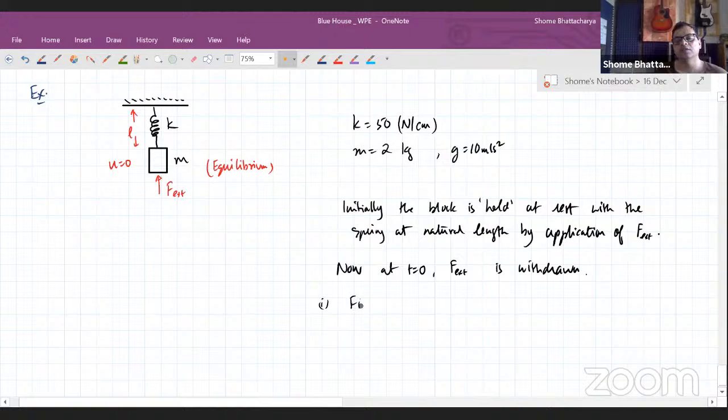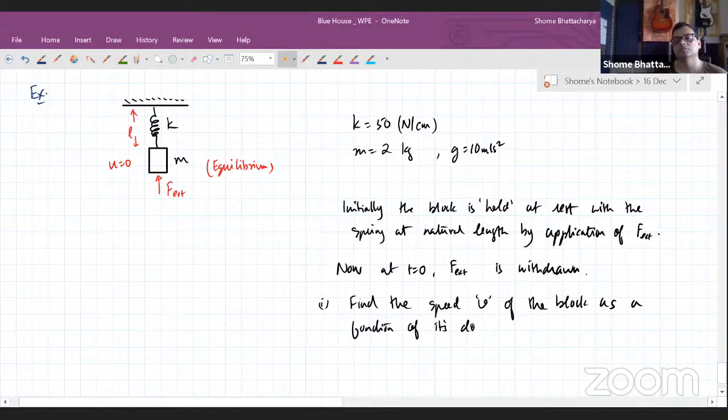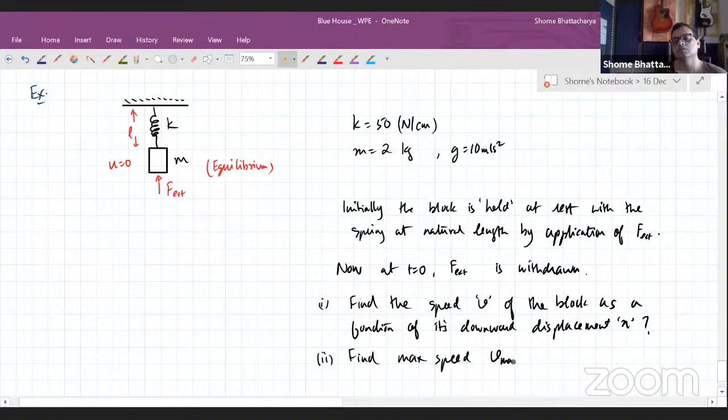So first of all, find the speed v of the block as a function of its displacement X. Secondly, find the maximum speed V max in meters per second during its downward motion.